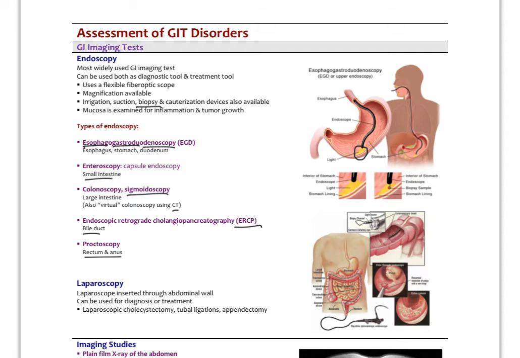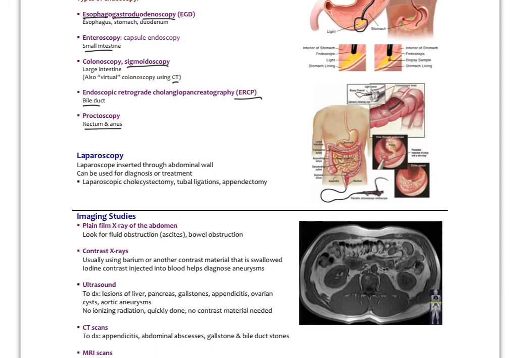There is a deeper technique, laparoscopy, and that's actually a surgical procedure where a laparoscope is inserted through an incision of the abdominal wall. And again, this can be used for diagnosis, things like endometriosis, visualization of an appendix, inflamed appendix, and so forth. And a lot of these laparoscopic procedures now are therapeutic as well.